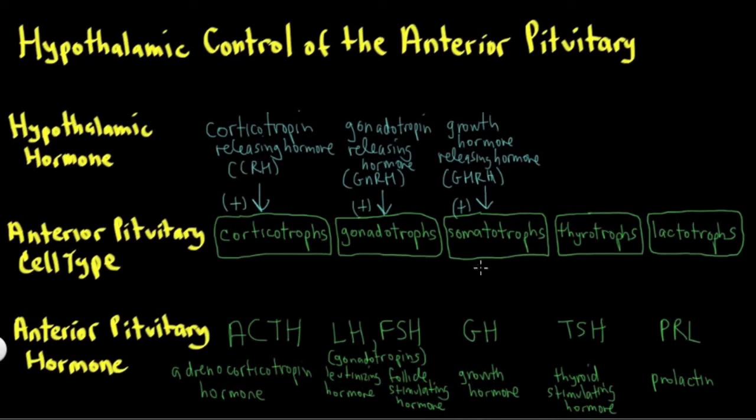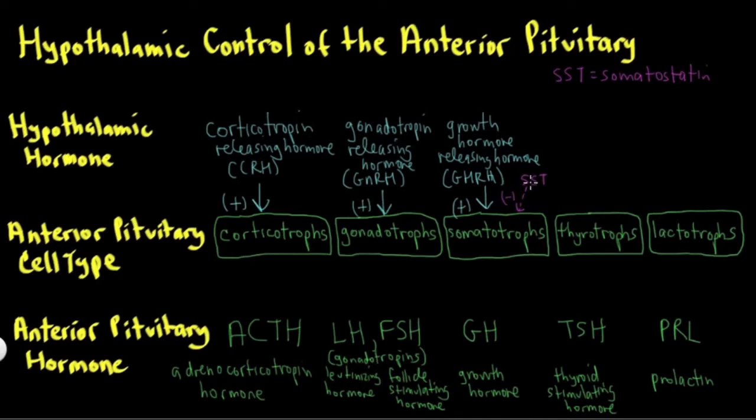And the only thing that's different with the somatotrophs compared to the other two cell types is that there's also an inhibitor called somatostatin, and we can abbreviate that SST, but it's mild. It's not the dominant controller of the somatotrophs. That stands for somatostatin.